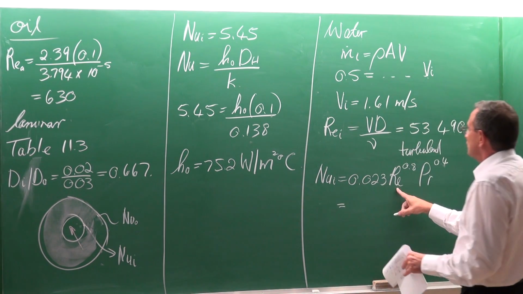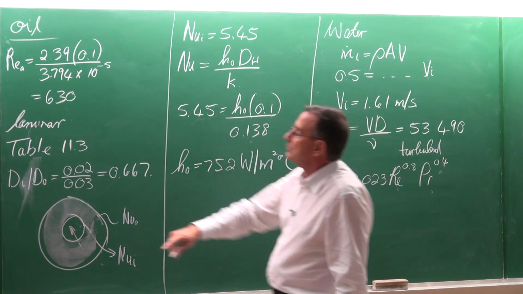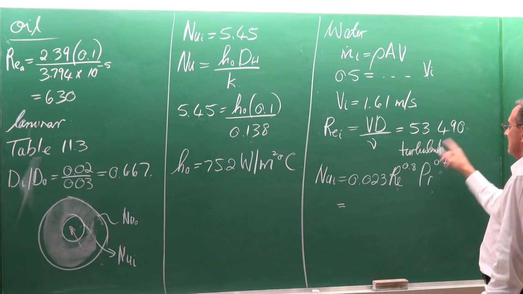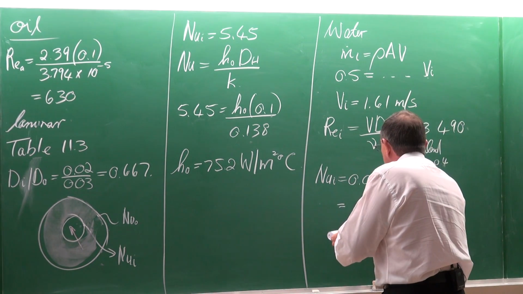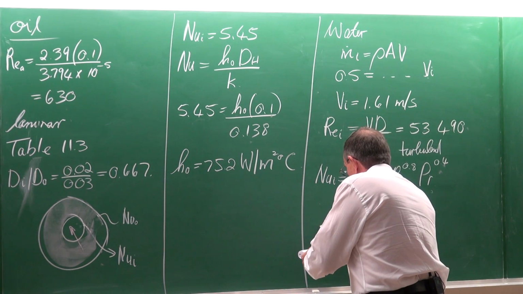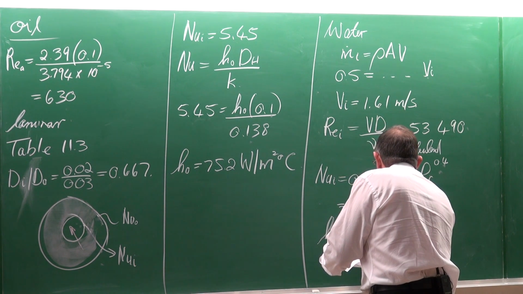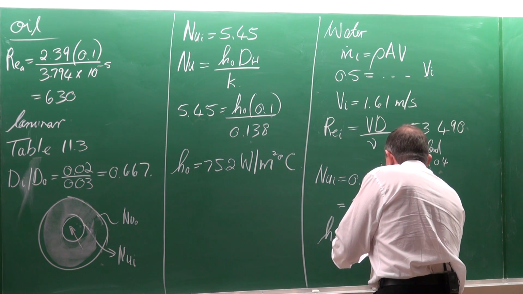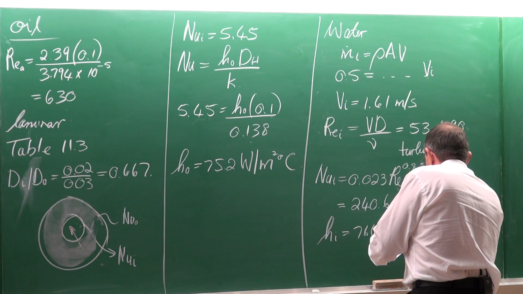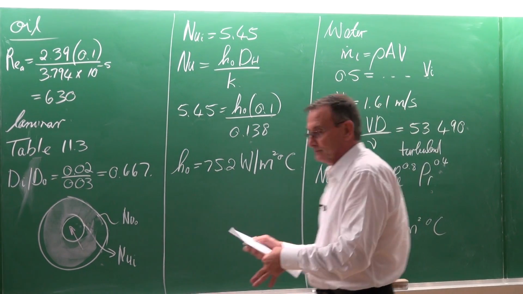If you go and do the substitution of the Reynolds number, and the Prandtl number is equal to 3.91, you can just put it into the equation. The Nusselt number is 240.6. If we use that to determine the heat transfer coefficient, it is 7,603 watts per square meter degree Celsius.